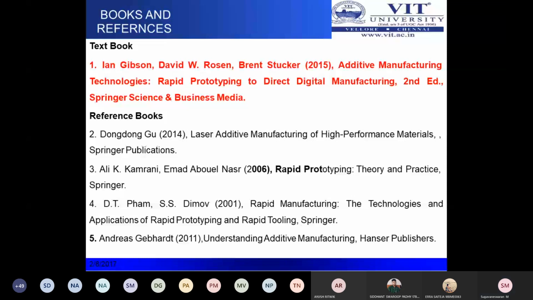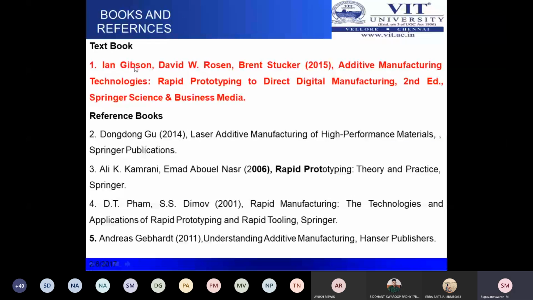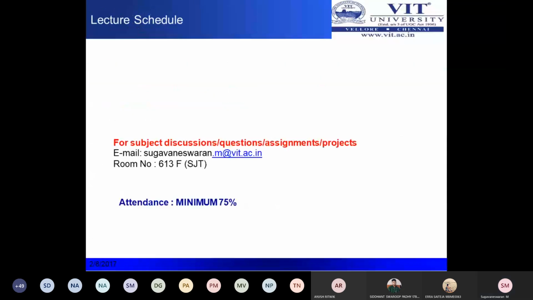So in our case, we are going to use this textbook. Along with the textbook, you can also follow the slides. The slides will help you navigate to the appropriate topic in the textbook. You can freely download it from the Springer website. They have given free access only for a limited period of time because of this COVID situation. So make use of this opportunity and download the textbook.